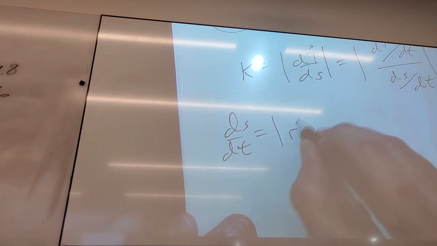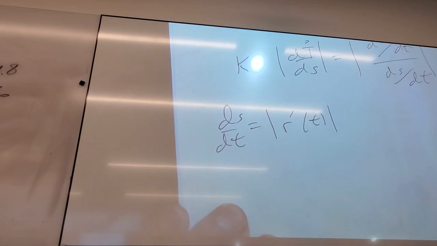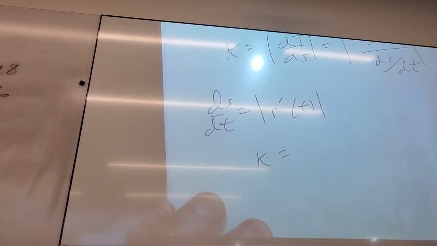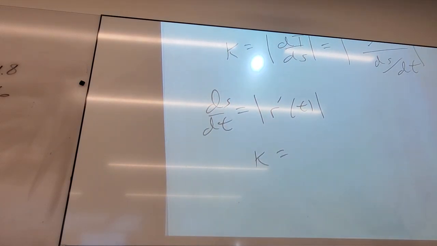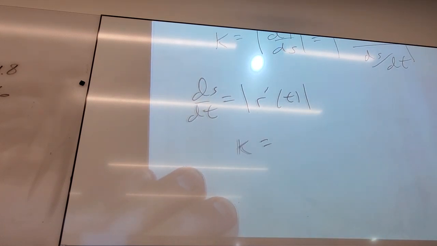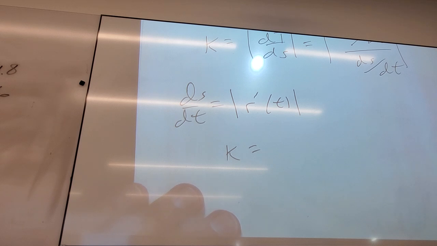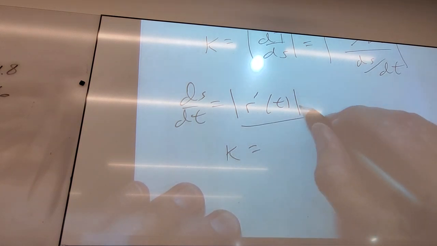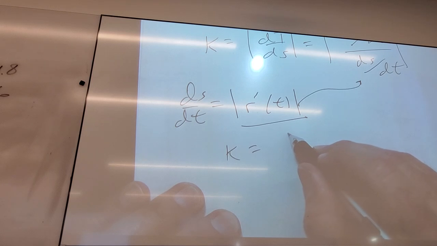Yes, this is the length of r prime. By the way, this is kappa. I don't know if they tell you that. This little letter here is the Greek letter kappa. This is true, so I can plug this in there.